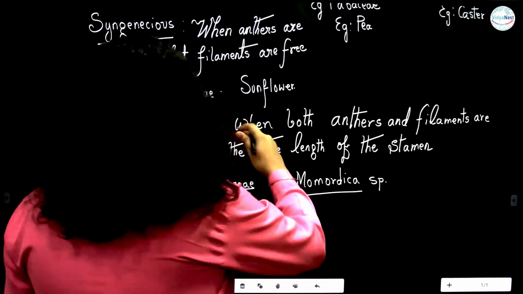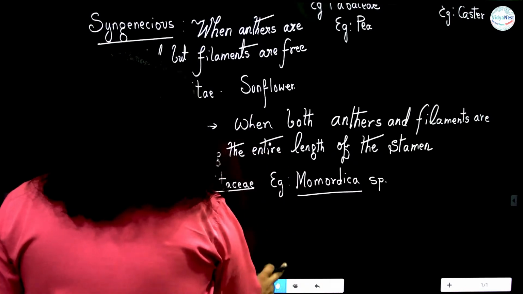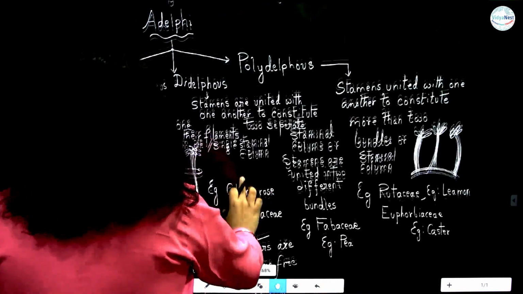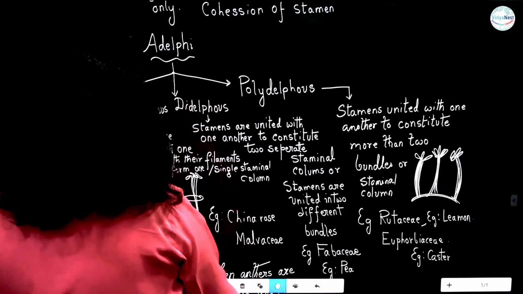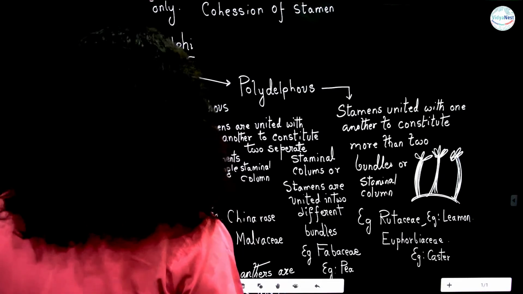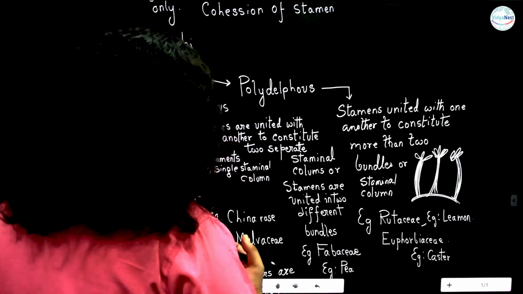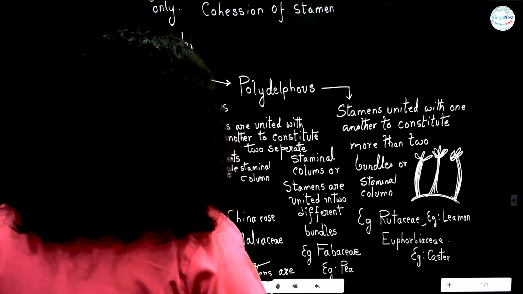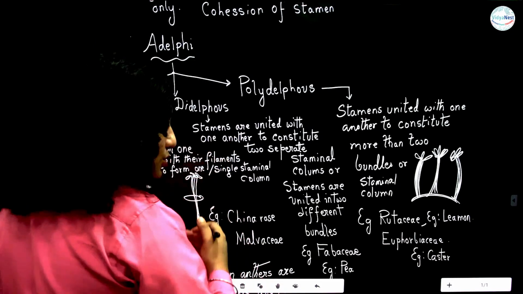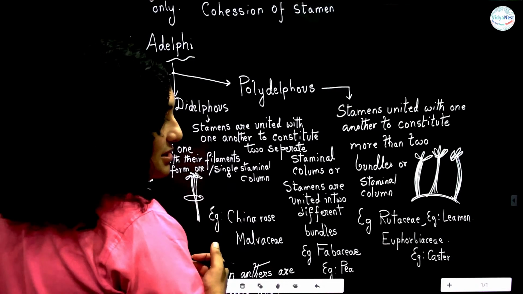clear sir. Yes, sir. हाँ, तो यहाँ पे हमने डिस्कस किया कि एडेल्फी, एडेल्फी क्या होता है? एडेल्फी इज अ कंडीशन व्हेन एंथर्स, sorry, when stamens are united by their filaments only, where the anthers are free.